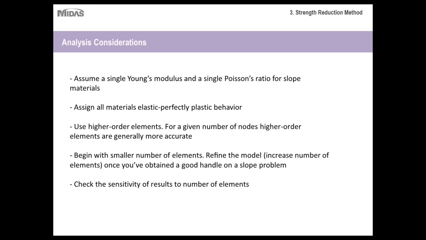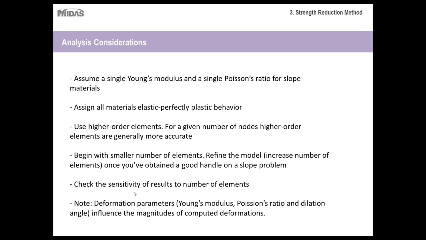Once again, see how your results differ depending on how many elements you use, because sometimes the number of elements doesn't really have much of a difference on your factor of safety or your deformation, whereas there might be some projects that are extremely sensitive to the number of elements. So it's always good to have one analysis case run with a large number of elements and one run with a smaller number of elements, so that you can see how it's affecting your results.